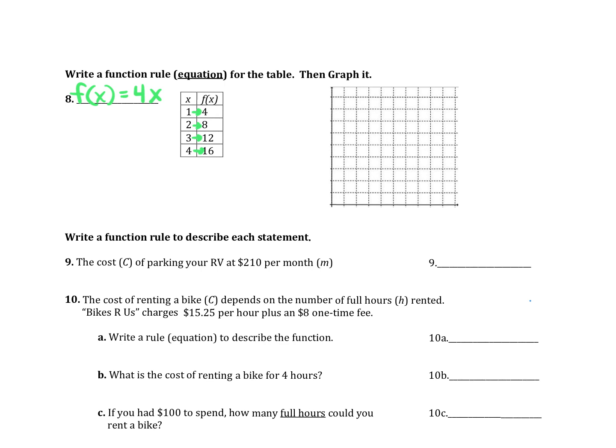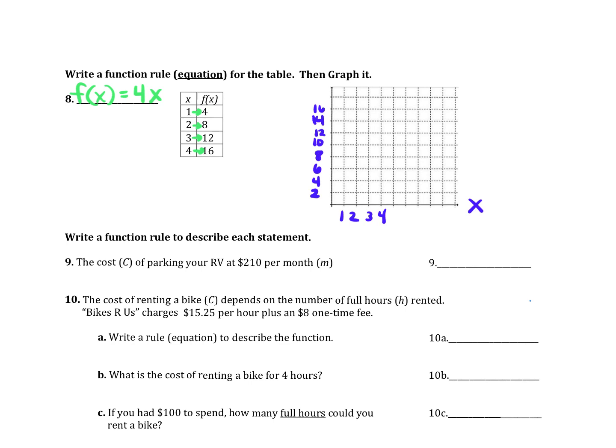Okay, so when we go to graph that, we want to count by something that makes sense. So what are you going to count by on your x-axis? Ones. I would count by 1s. Okay, what do you want to count by on your y-axis? 2. You can count by 2s, you can count by 4s. If we count by 2, 4, 6, 8, 10, 12, 14, 16.